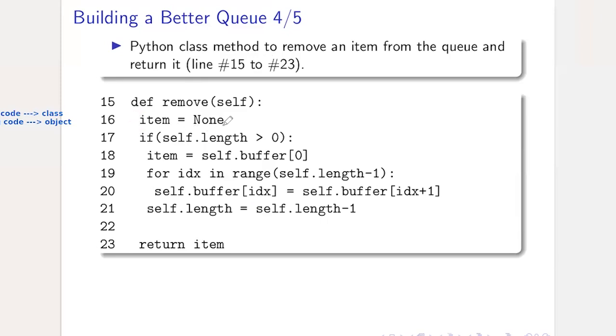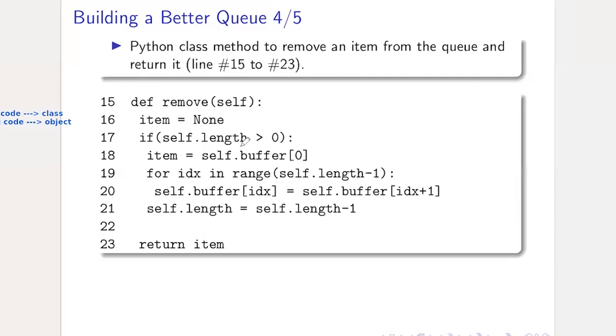After setting that up, I will check whether the queue is not empty, because if the length is 0, that means we haven't put anything in the queue yet. It's empty. In which case we will return the item, and what we will return is a none. So we are not returning anything, we are returning none. So whoever calls the method remove can check what was returned, and if it is none, it knows that was an empty queue.